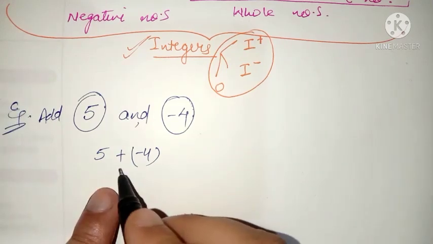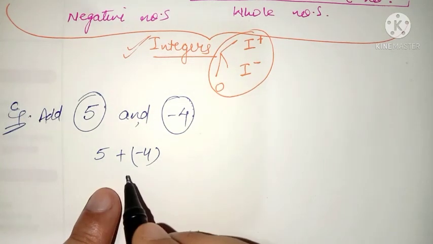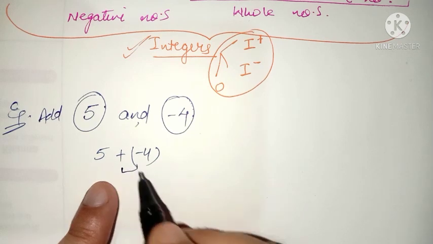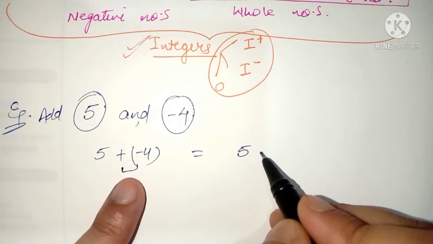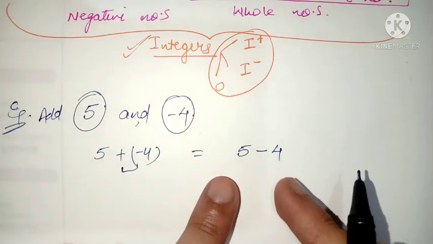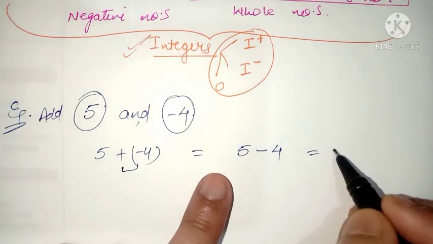Then we simplify: we have studied in the previous class that plus minus becomes minus ultimately, so this gives us -4, and that's how we solve it. Subtracting 4 from 5 gives us 1.